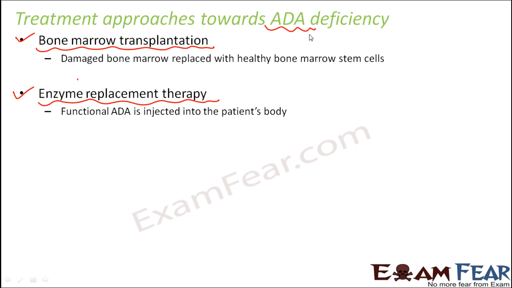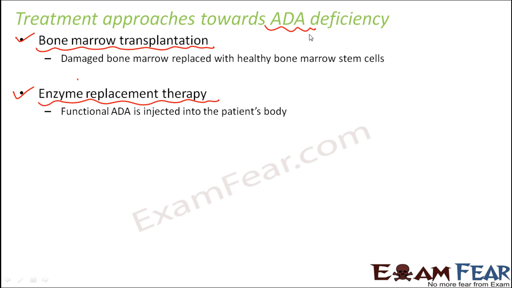Now if we are looking towards a permanent cure, then that should happen at the genetic level. For any disease, if you want a permanent cure, you will have to give a solution to the cause of the disease. So here what is the cause of the disease? The cause is the missing gene for production of ADA.